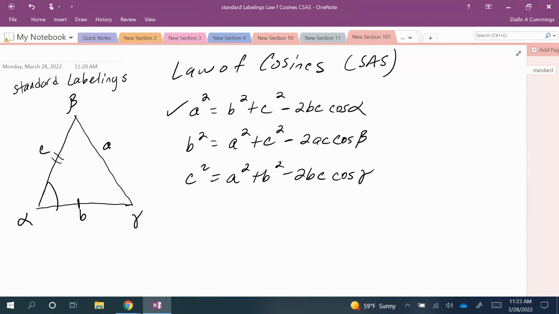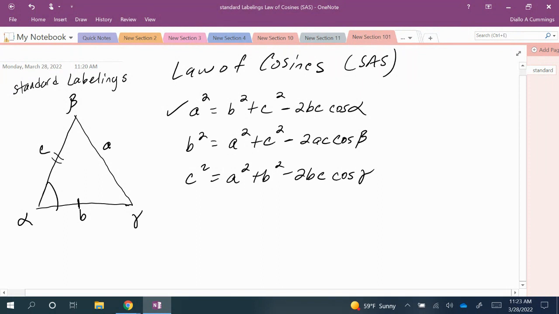We can't set up a law of sines function because we'd have too many unknowns, but we could set up a law of cosines. So the data required to set up a law of cosines is a side, angle, side set of measurements.